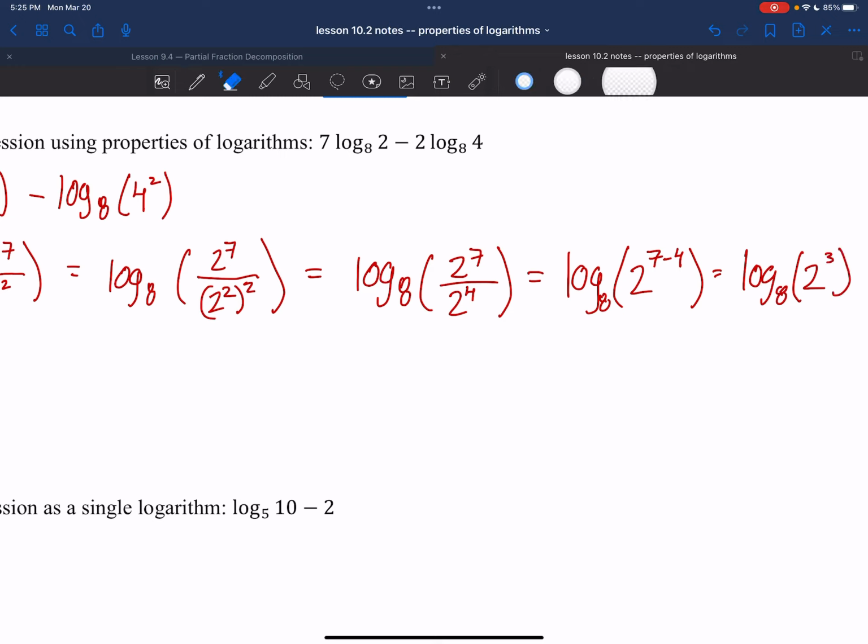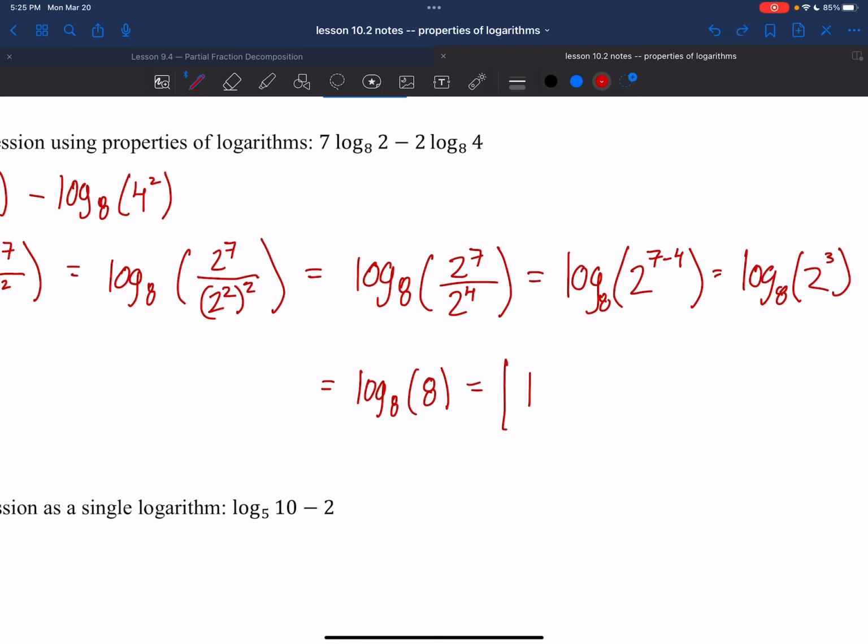But of course, what is 2 cubed, guys? This equals log base 8 of 8. And what do we know about log base 8 of 8? If the argument is the same as the base, it evaluates to 1. And we're done.